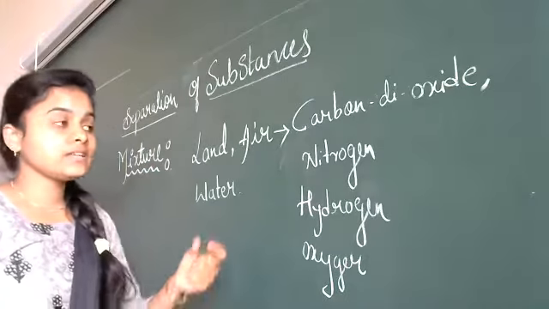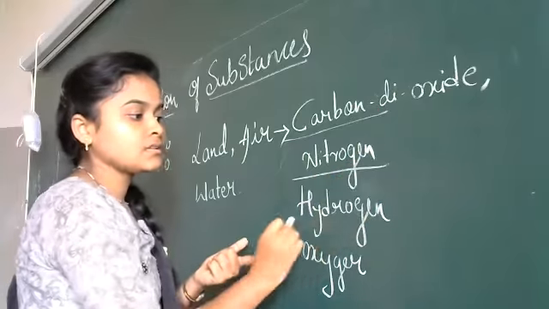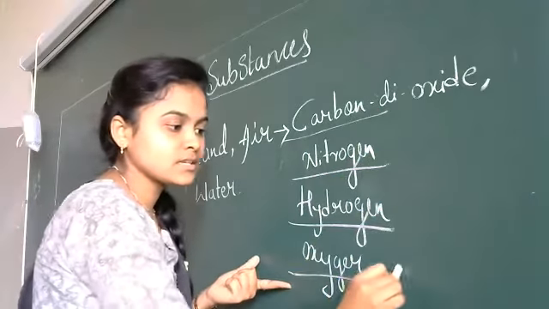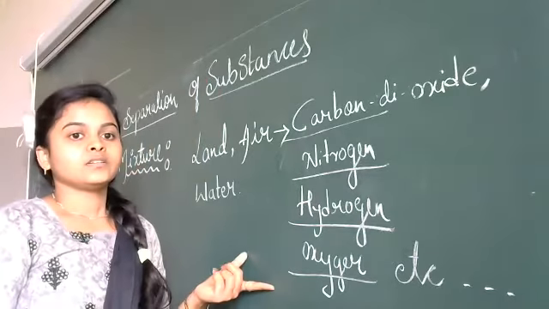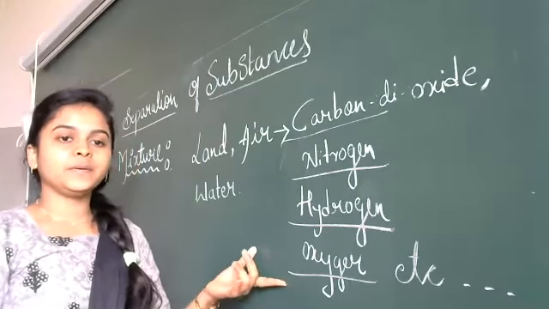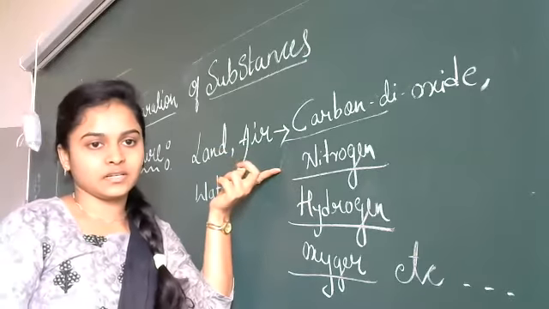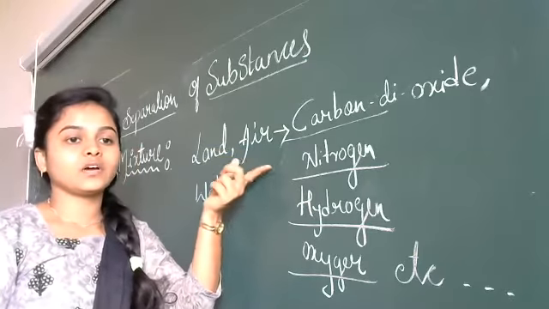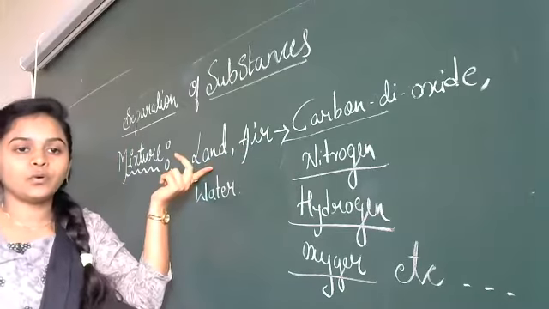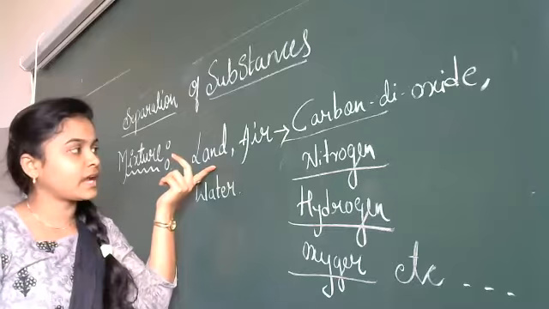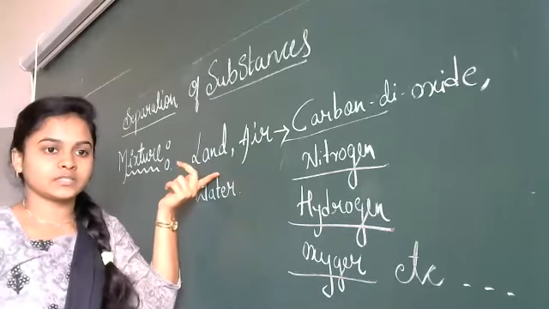So air is a mixture of carbon dioxide, nitrogen, hydrogen, oxygen and many more gases. So from this, what do you understand? That air is a mixture and air is not a pure substance. Even the land or the floor on which you are sitting or standing is also not pure. It is also a mixture.